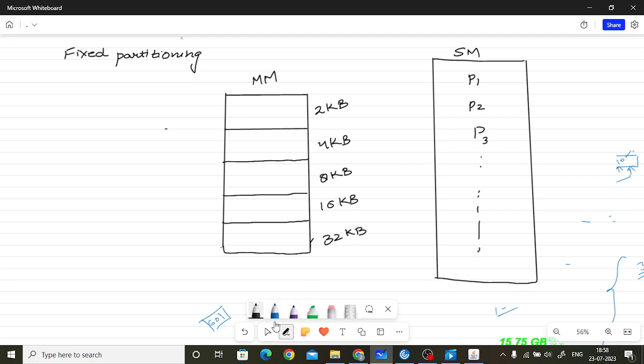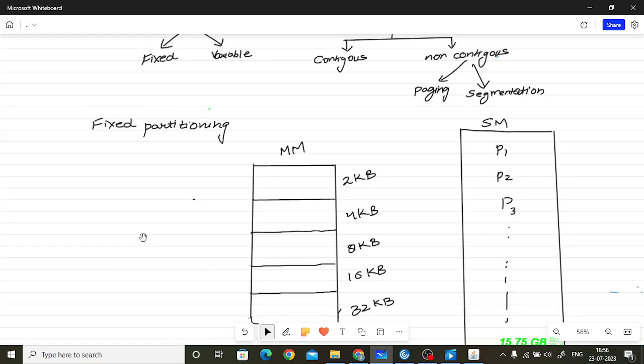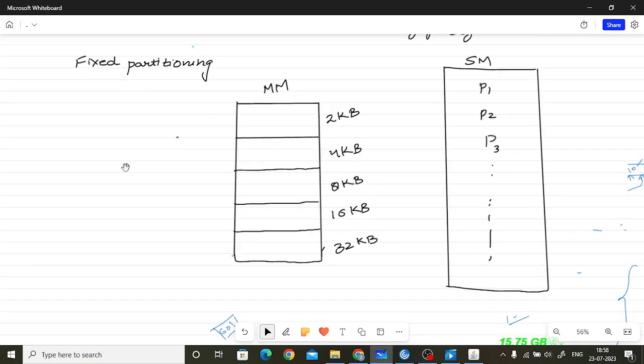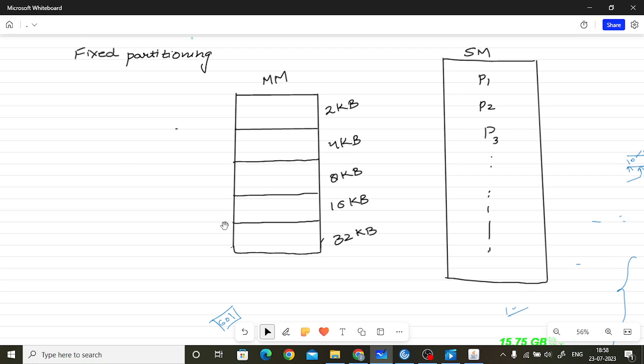This is an implementation of fixed partitioning having variable length of partitions.